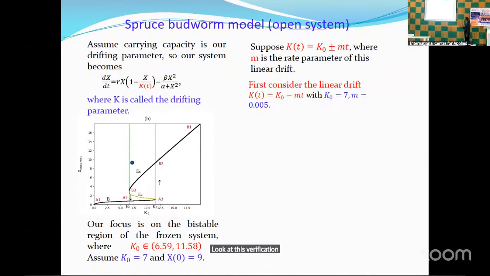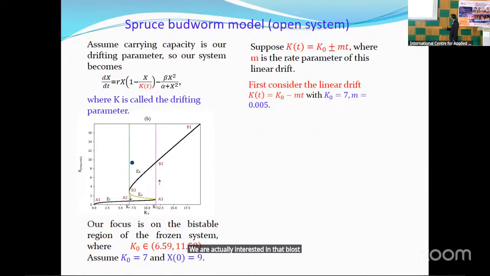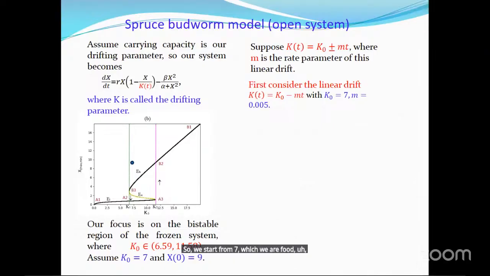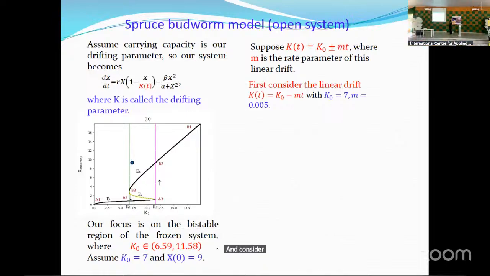We are interested in the bistable region, which runs from 6.59 to 11.58. So we start from 7, which belongs to the bistable region, and consider the initial value x0 equal to 9.